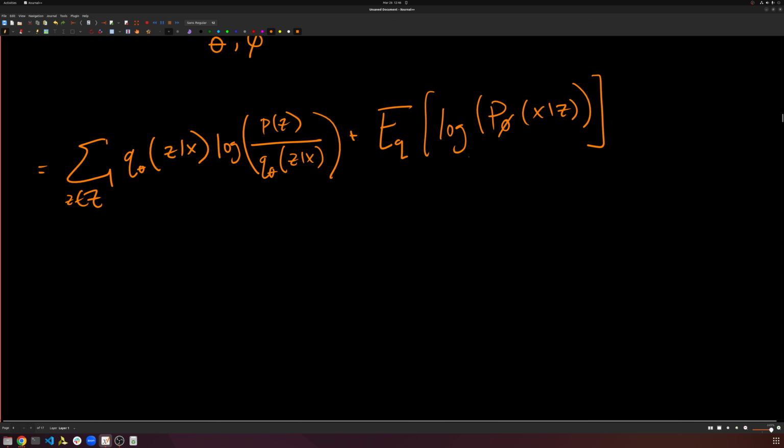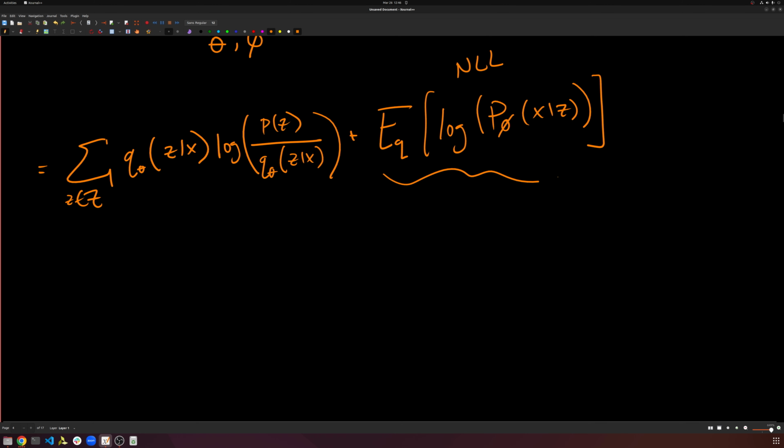And this should start to look like the negative log likelihood loss.